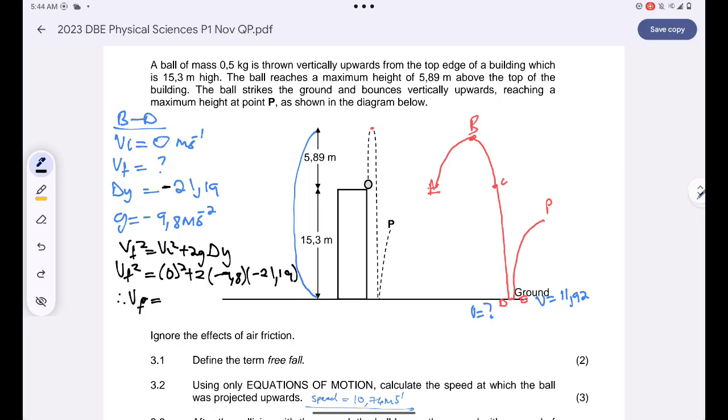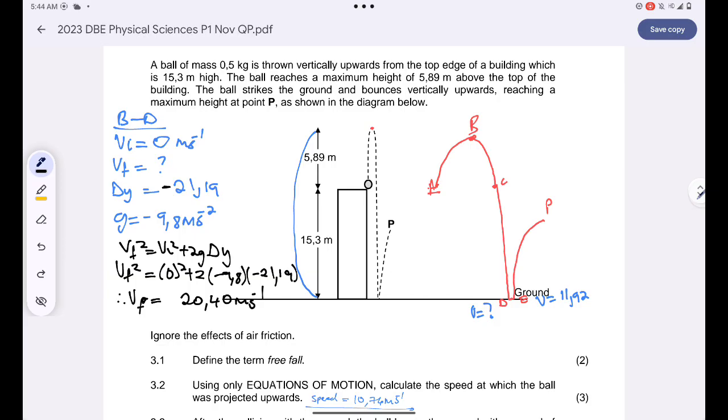I'll just put everything under the square root. So I'll simply have 20.40 meters per second.